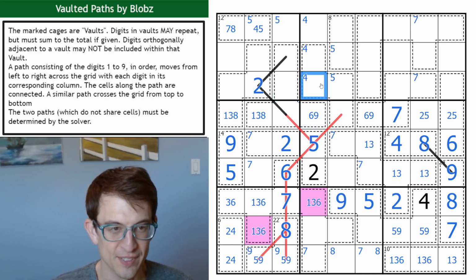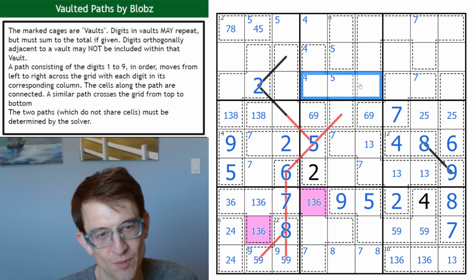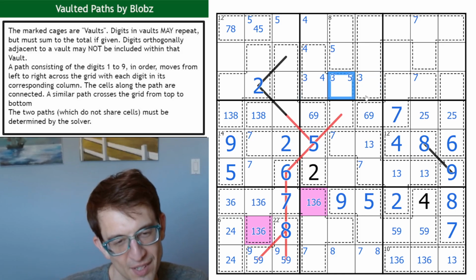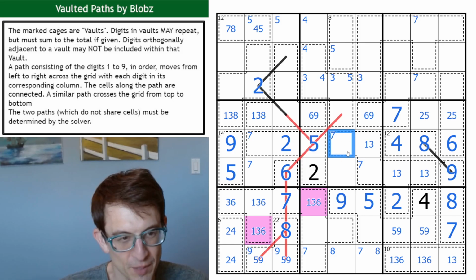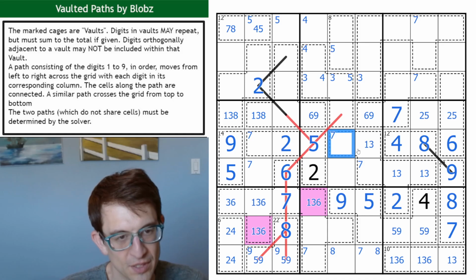It'd have to go over to this cell exactly. So my 3 is in one of those spots by the line rule. Does that matter? Don't know. I was wondering if we could eliminate 3 from here possibly, but I don't see how it would. Any of these could be 3.